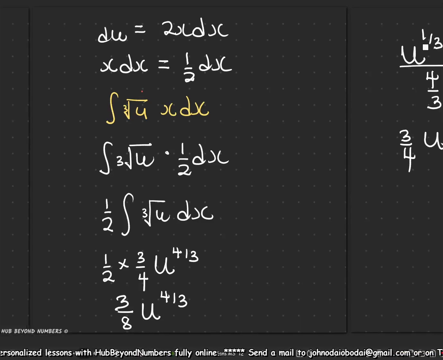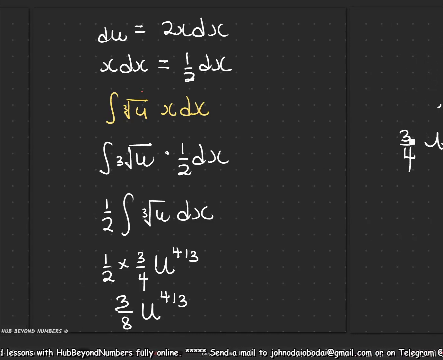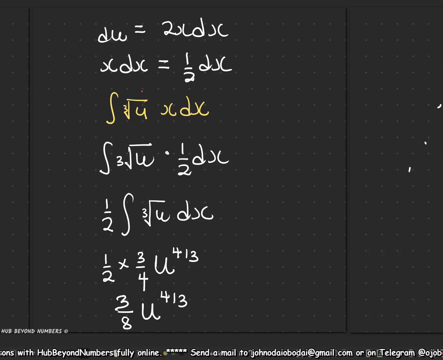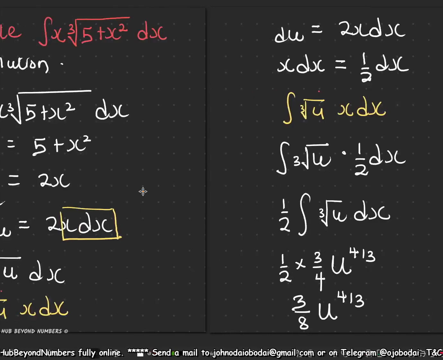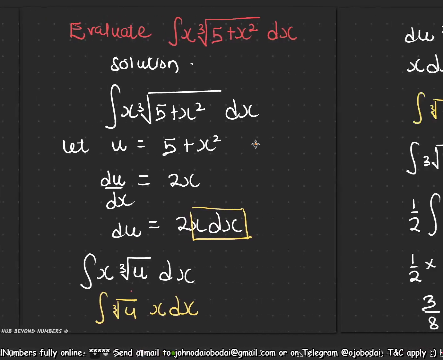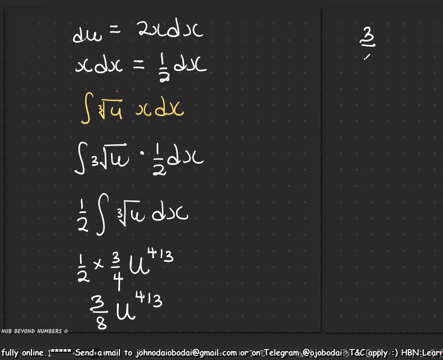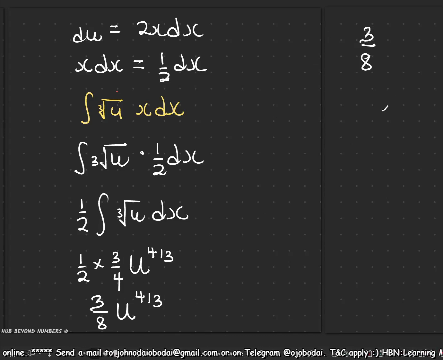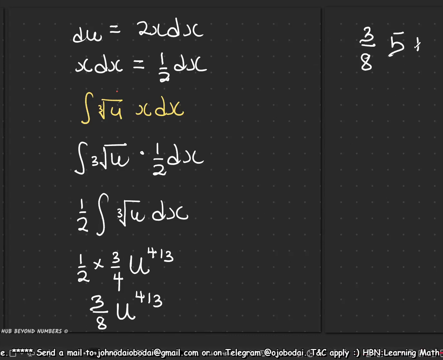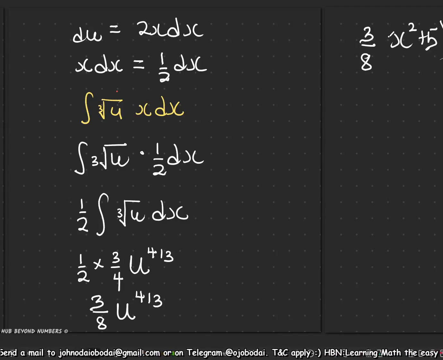But let's remember that u wasn't given to us in the question. We introduced our own u. Hence, you are supposed to bring back whatever you used as u. So we said let u be 5 plus x raised to the power 2. So we have 3 over 8, then instead of the u, we write x raised to the power 2 plus 5, all raised to the power 4 over 3.